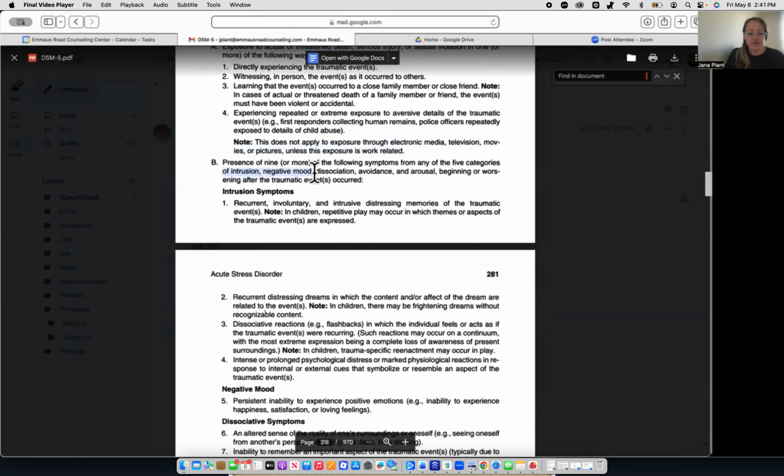intrusion, negative mood, dissociation, avoidance, and arousal. So when a client comes to you in your office, they're not going to say, I'm dissociating, or I have intrusive thoughts, or hypervigilance, hyperarousal. Your goal is to take their symptoms in layman's terms, meaning they're going to tell you, I just don't want to talk about it.